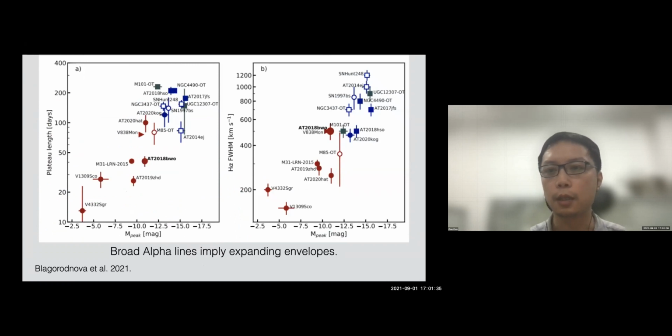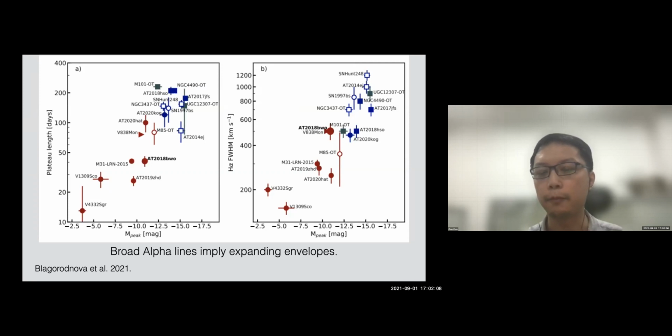Gap transients, as I will call them for short because they have various names, show a broad band of H alpha emission in the right panel. That implies that gap transients usually have an expanding envelope. The left panel is just the inverse of the magnitude versus decay time.